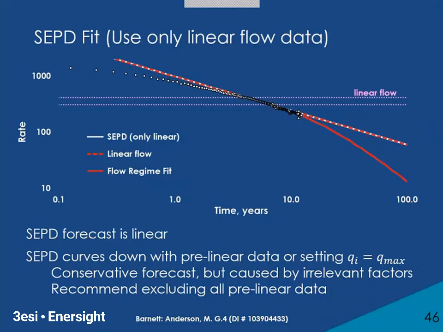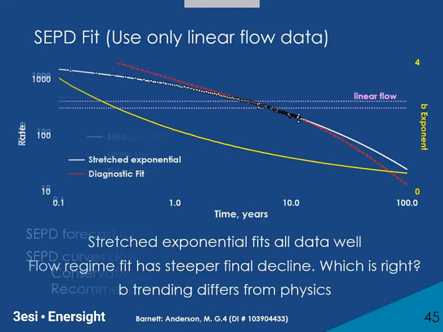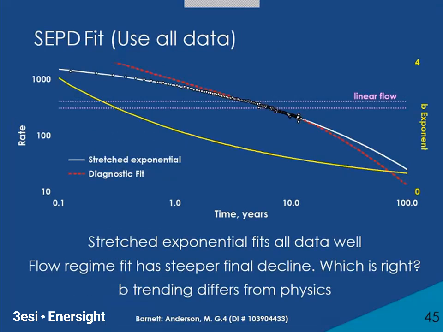So why does it curve over? The reason it curves over is because we're fitting a curve in the data. If we're including this early data that really shouldn't be fit because it's pre-linear flow, we've introduced some curvature to our fit. And that curvature has to project into the future forecast as well.